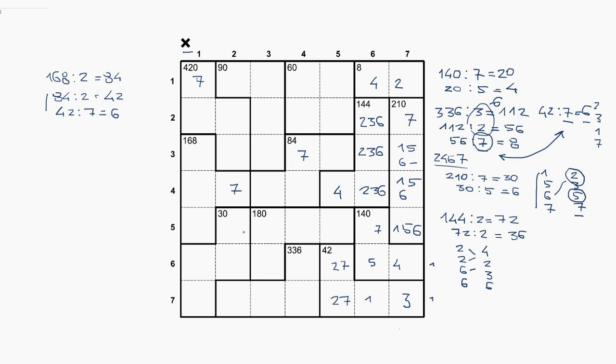Here cannot be number 7, and here cannot be number 7. Here has to be number 7. If here is a number 7, here in the same column has to be number 2, and here will be number 7.